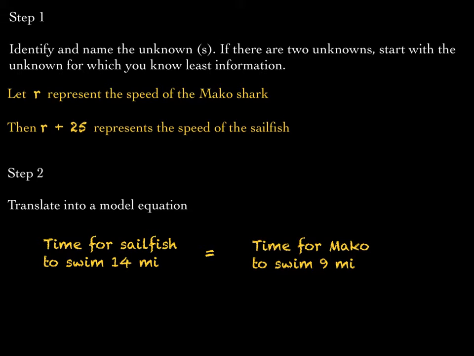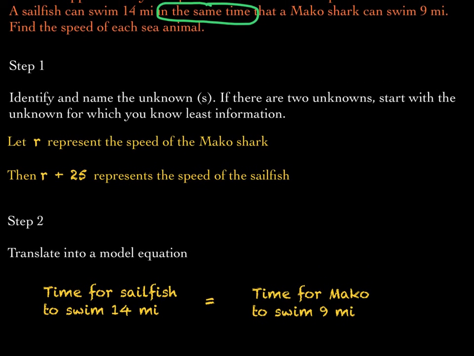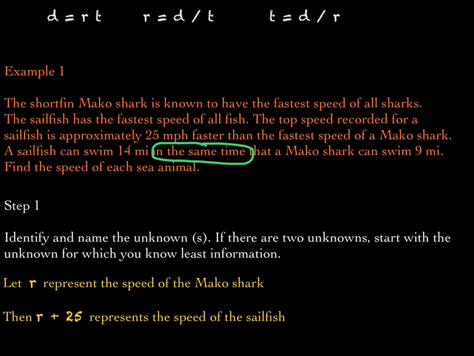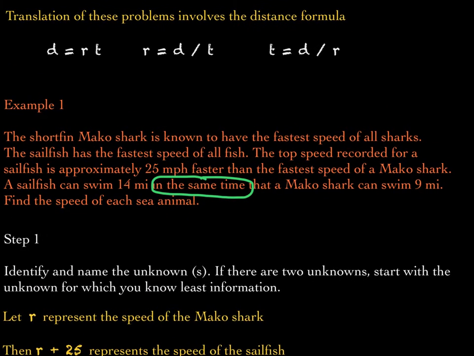Now, because we have time is equal to time, I want to come up here and remind us what formula we're going to use. Let's use this formula here for time. Time is distance divided by speed.